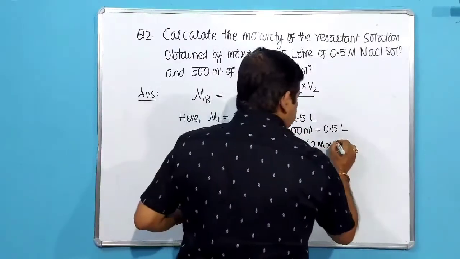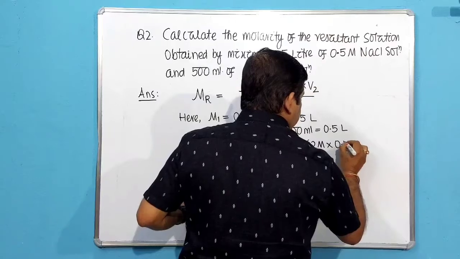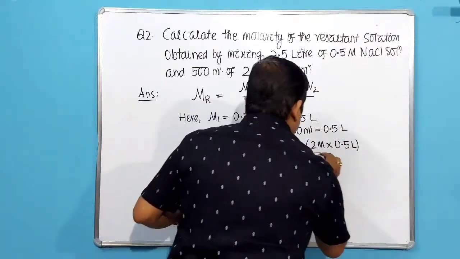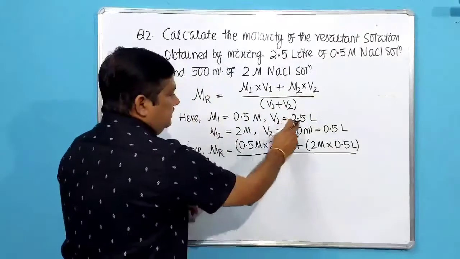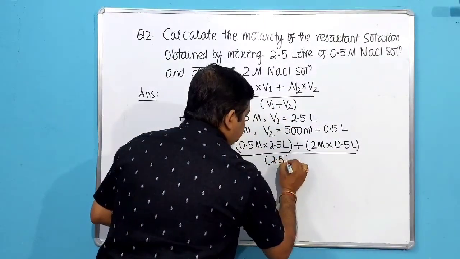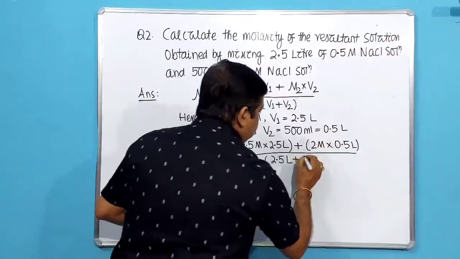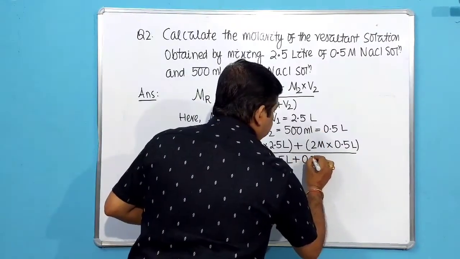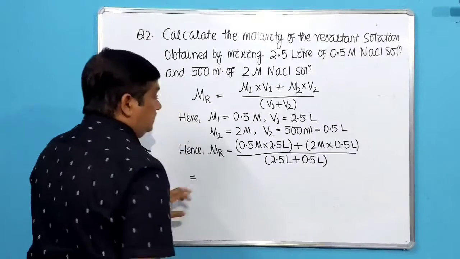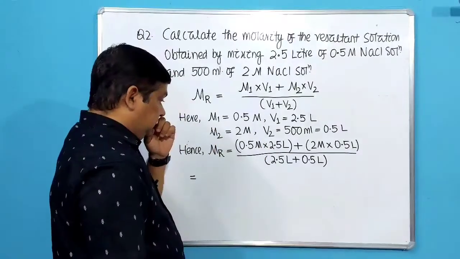V2 is 0.5 liter divided by V1 2.5 liter, V2 0.5 liter. So it will be 0.5 into 2.5.